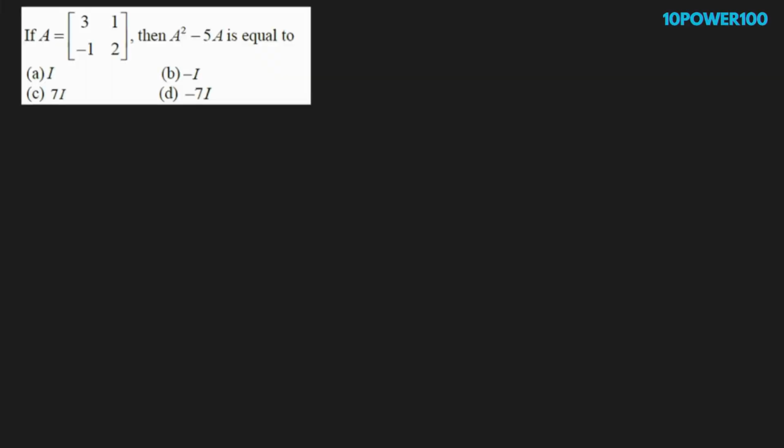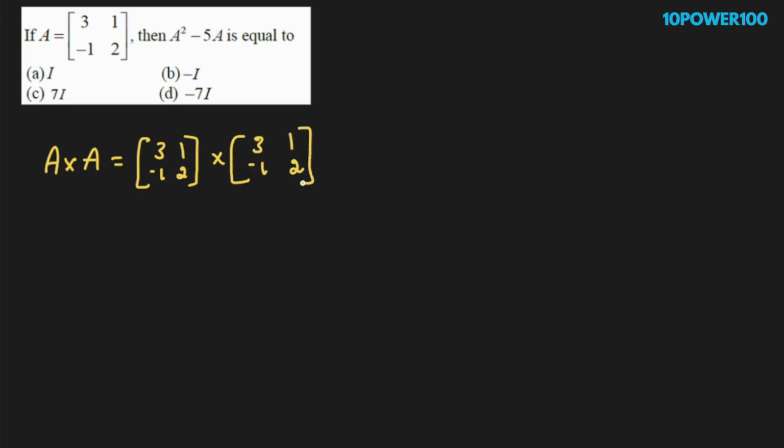Next question. If A is equal to the matrix 3, 1, minus 1 and 2, then what is A square minus 5A? Very simple question. Let's solve this. First find A into A, that is 3, 1, minus 1 and 2 multiplied by 3, 1, minus 1 and 2.